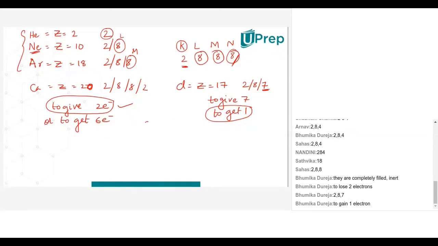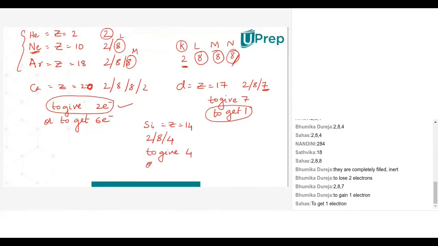Now let us see for silicon. We know the atomic number is 14, and the electronic configuration is 2, 8, 4. So now is it easier to give 4 or to get 4? To give 4, I think. Both are same, ma'am.